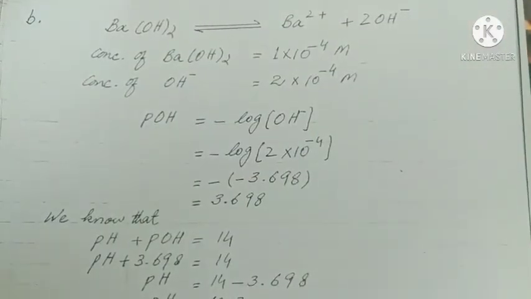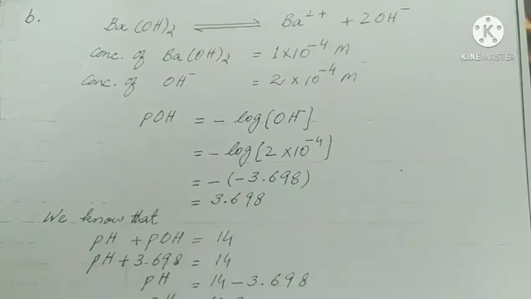In part B, barium hydroxide will ionize to form barium ions and 2OH negative ions. The concentration of barium hydroxide is 1 into 10 to power minus 4 moles and concentration of hydroxide ion is twice. So 2 into 10 to power minus 4 moles. pOH is equal to negative log of OH negative ion. Negative log 2 into 10 to power minus 4, put the value of OH.